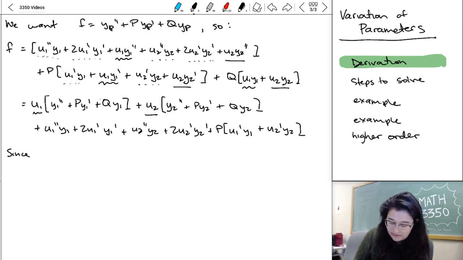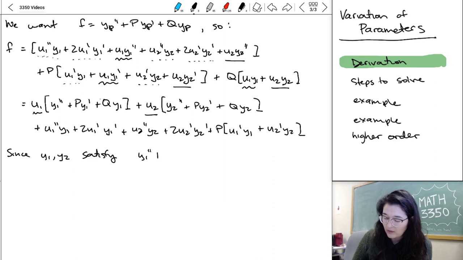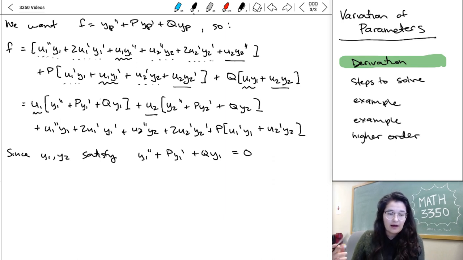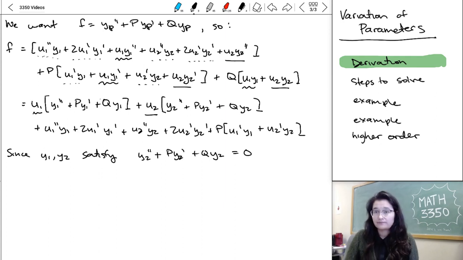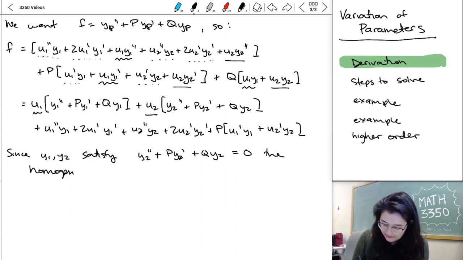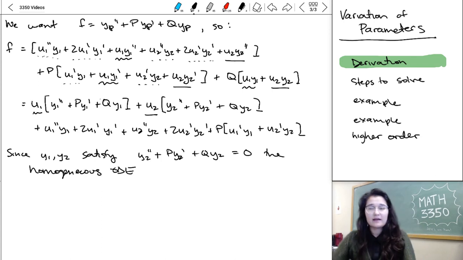So, since y1, y2 are going to satisfy y1 double prime plus py1 prime plus qy1 equal to 0, and same for y2, then these terms right here are actually going to go to 0, because y1 double prime plus py1 prime plus qy1 should be equal to 0.